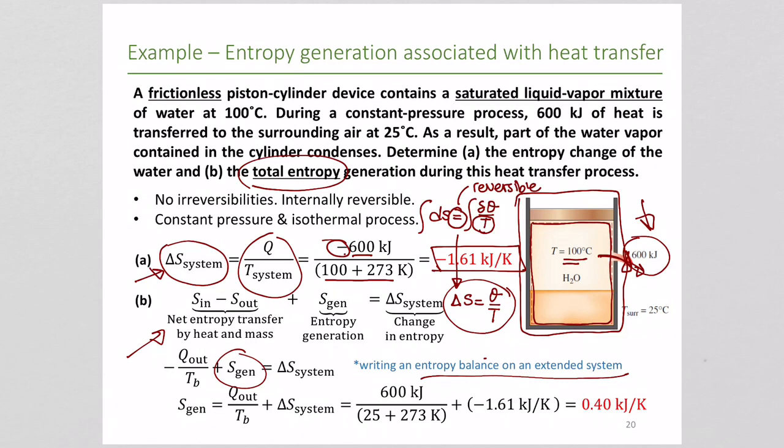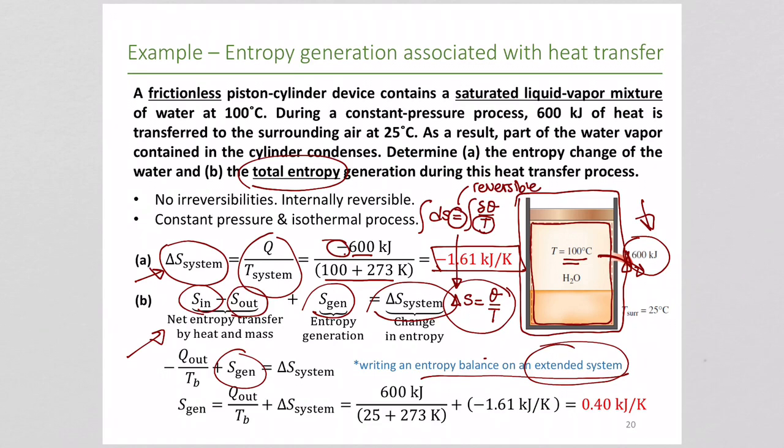So when you see the total, it means include the immediate surroundings, basically work on an extended system. When you write the entropy balance on the extended system, it is the same thing: the entropy getting in, minus the entropy getting out, plus entropy generation, should be equal to the change in the entropy of the system.